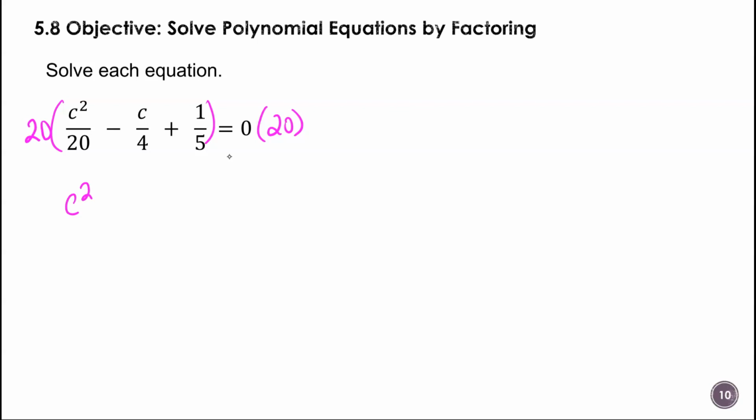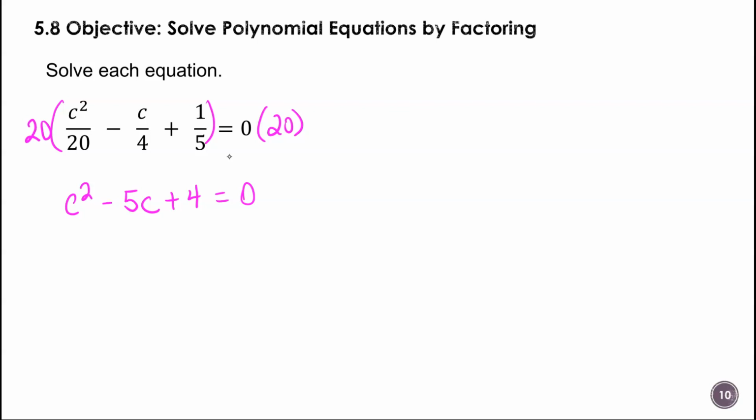On the second one, if we take 4 into 20, we have a 5 left over, so that's going to be a negative 5c. If we take 5 into 20, there's a 4 left over, and we multiply that by the 1, so that's a positive 4. And then 0 times 20 is 0. And I know that's always going to happen, but I like you to show you're multiplying both sides of the equation by 20 because anything you do to one side, you must do to the other.